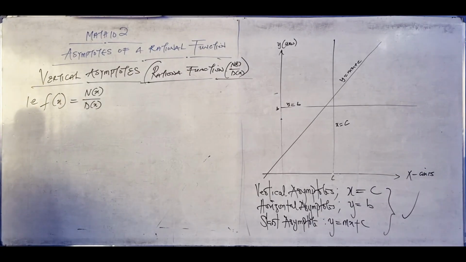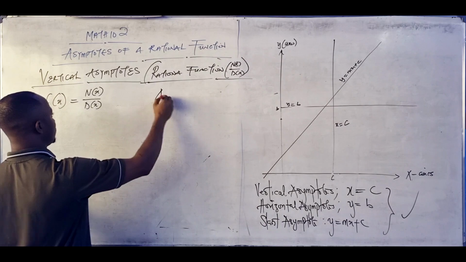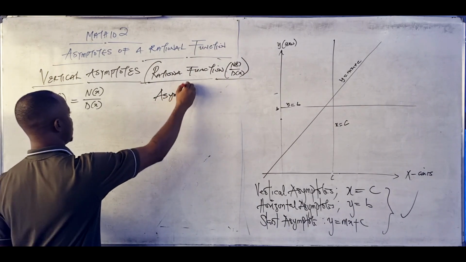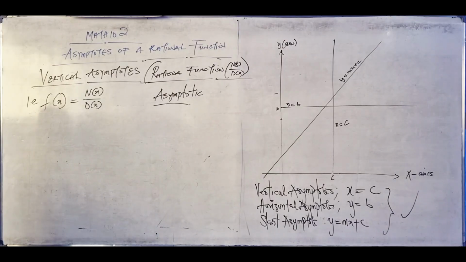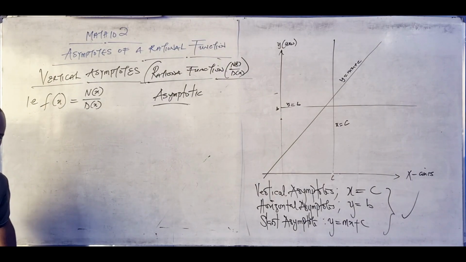We use the roots of both the numerator and denominator to test for the asymptotic behavior.